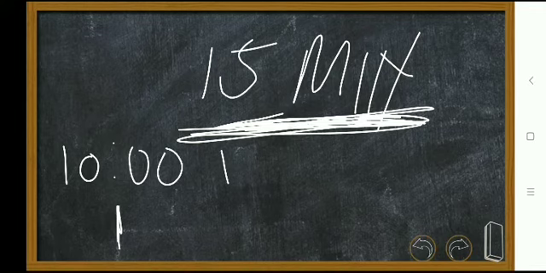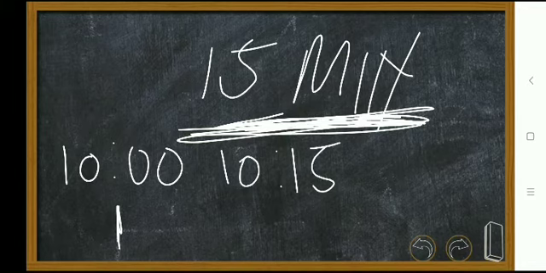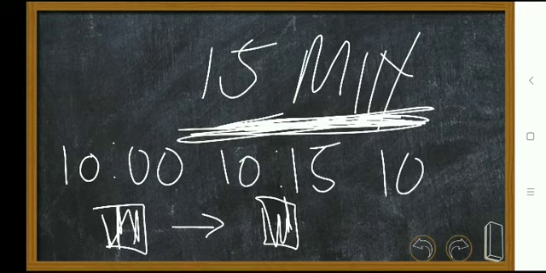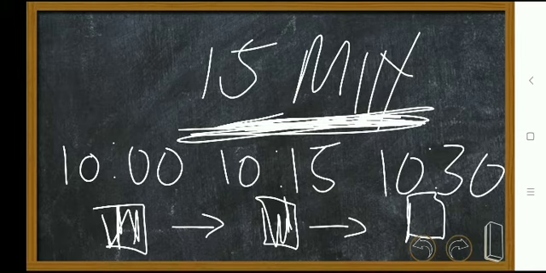Then at 15 minutes past 10, this one will have to close. Then another candle will be formed. Then at 10:30, this one will close and a new one will be formed.